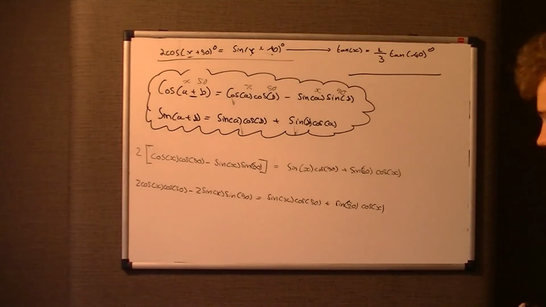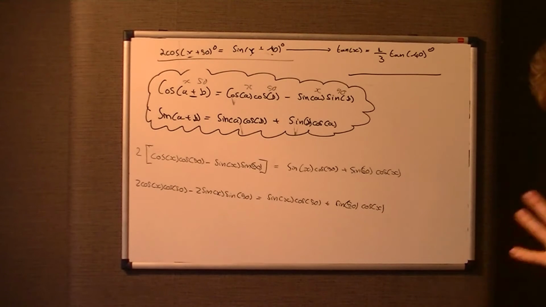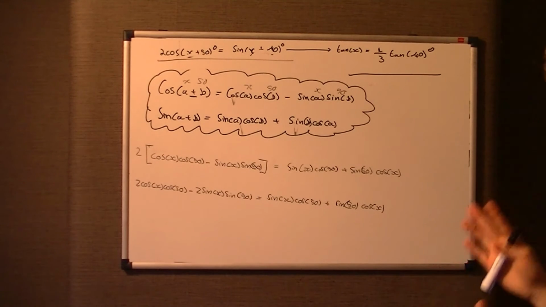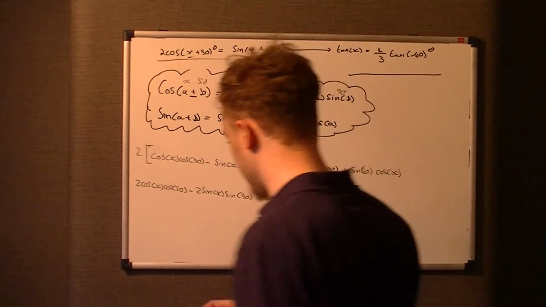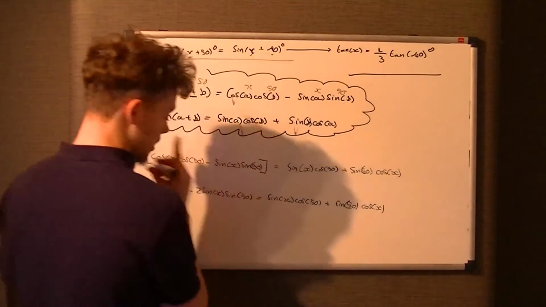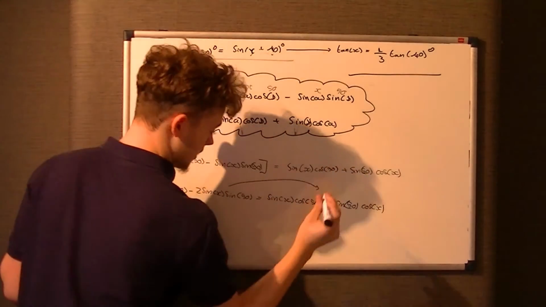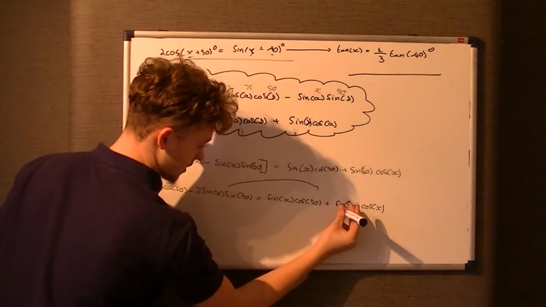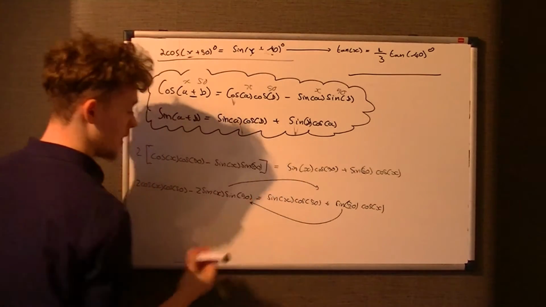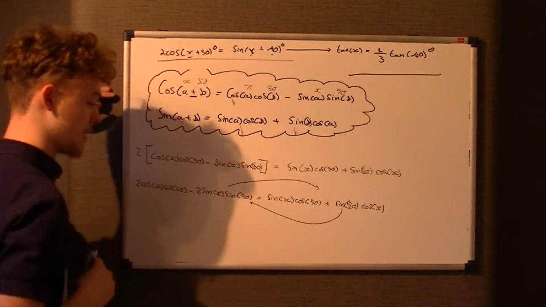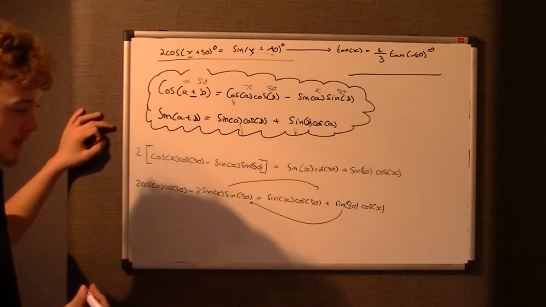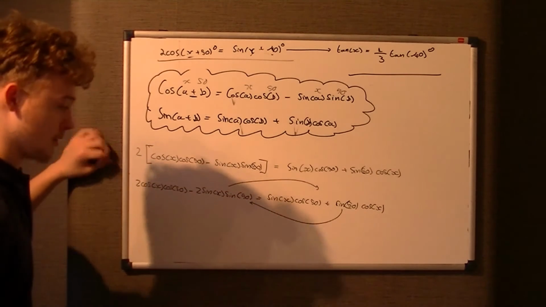So what I would do is rearrange it, so you get all the cos x's on one side and all the sine x's on the other side. Essentially what we're going to do is move this 2 sine x sine 50 over to the right hand side and move this cos x sine 50 to the left hand side. In other words, we're adding 2 sine x sine 50 and taking away cos x sine 50, or sine 50 cos x.